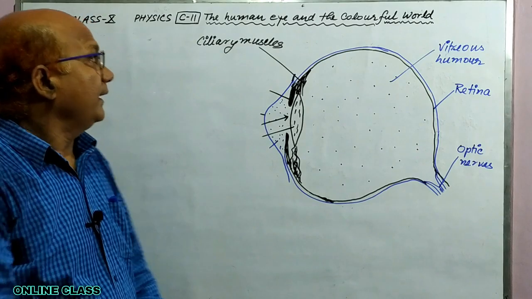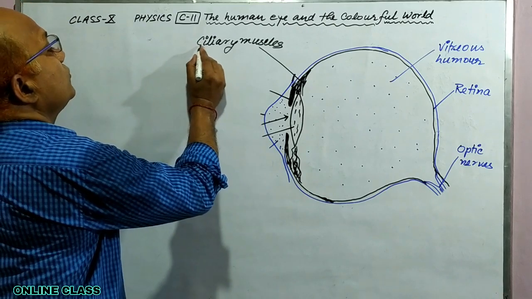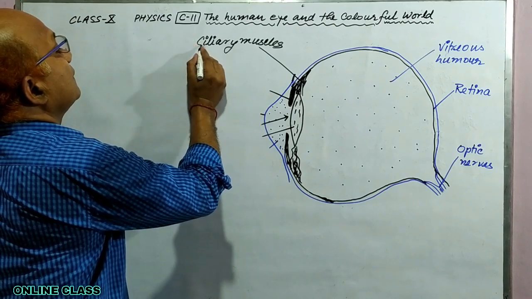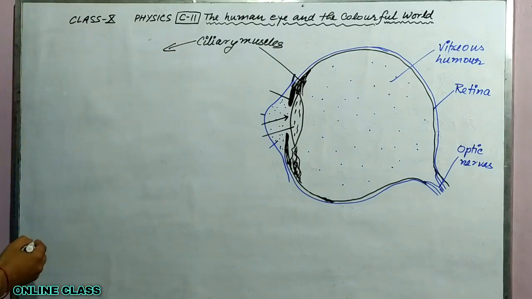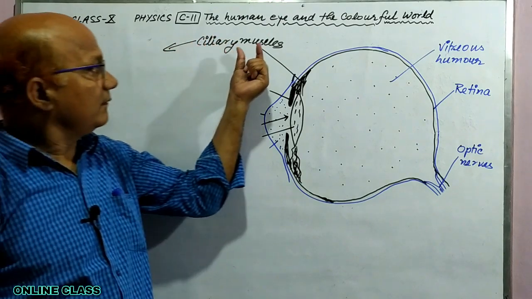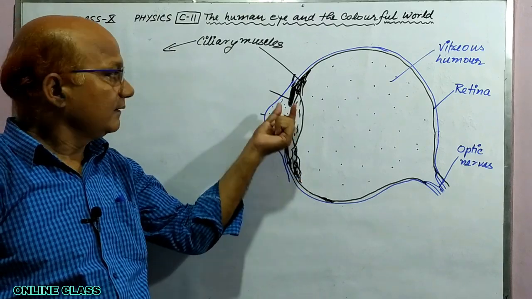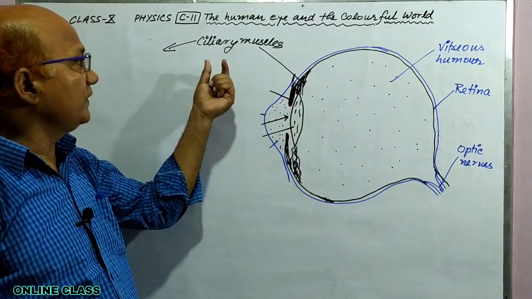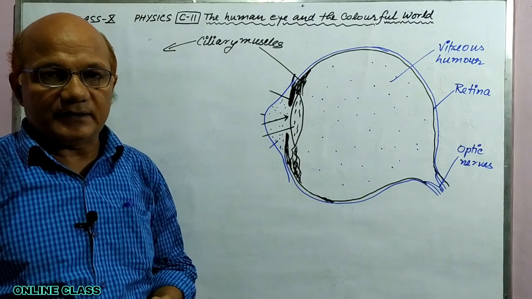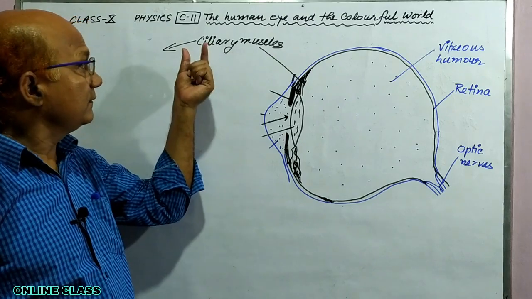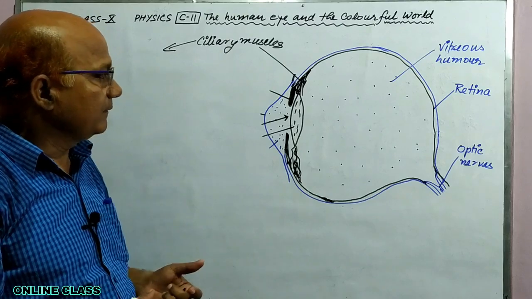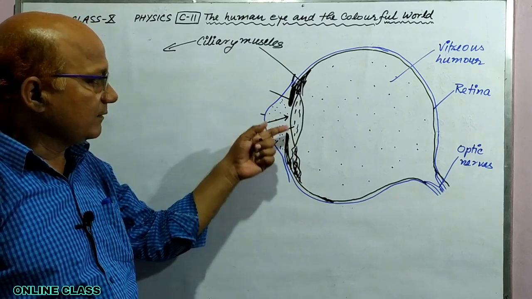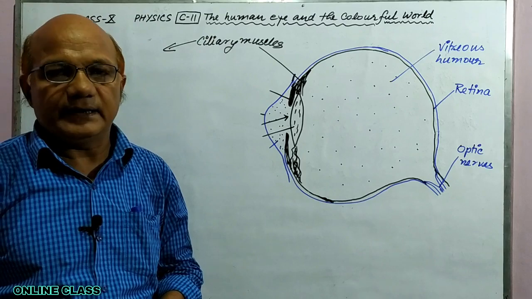Now, another most important part is ciliary muscle. Actually, the eye lens is held on its position with the help of ciliary muscle, and these muscles also help to adjust the focal length of eye lens.